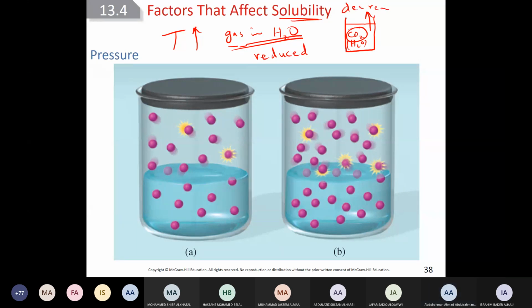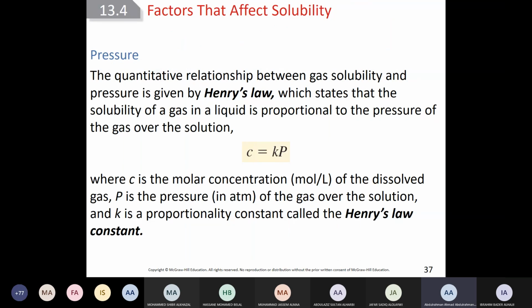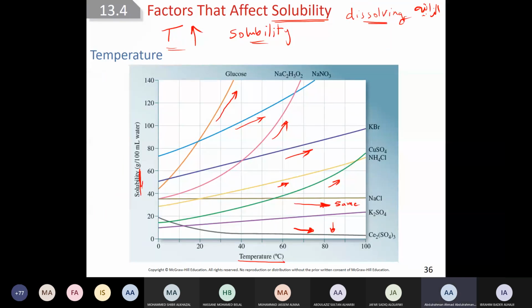So if we have gases, anything in gases, how are you going to draw the curve for CO2 in water? Like the last one, at the bottom. It will be like this. Definitely it will be like this. Not similar to the last one, even more sharp. It will be very sharp, like this.